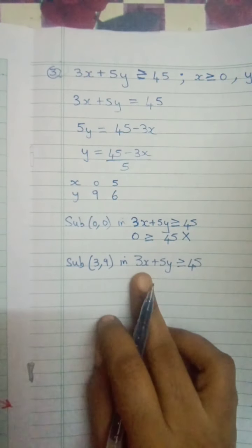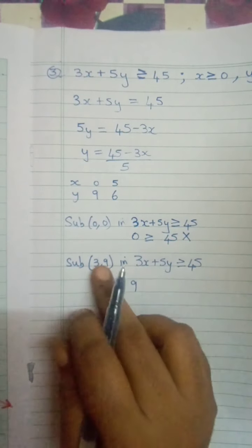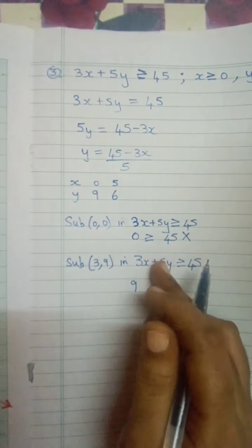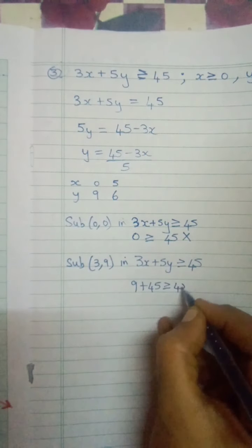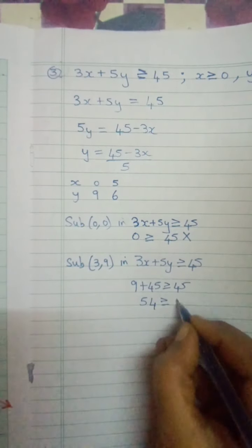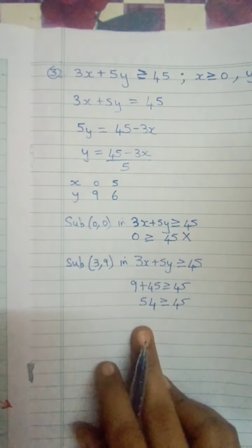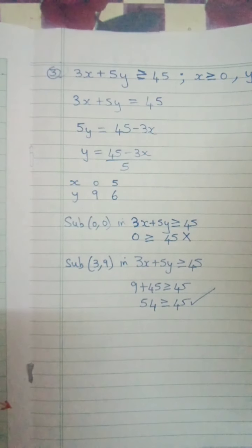In the place of x I am putting 3, so 3 3s are 9. In the place of y I have to put 9. 9 5s are 45. 45 plus 9, 54. 54 is greater than or equal to 45. Surely 54 is greater than 45. So it is satisfying the inequation.